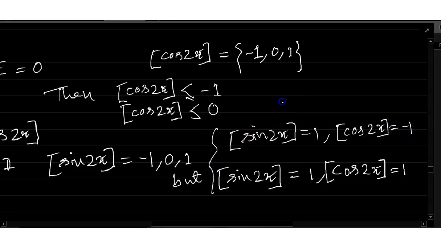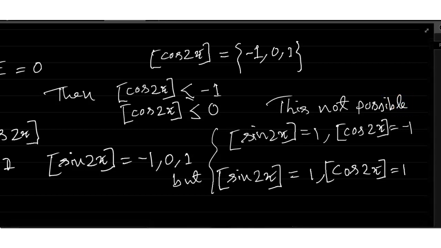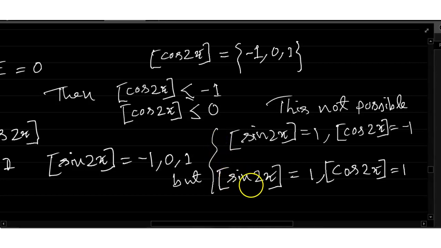This is not possible, because we know that sin 0 is equal to 0, cos 0 is equal to 1. So this combination is not possible.